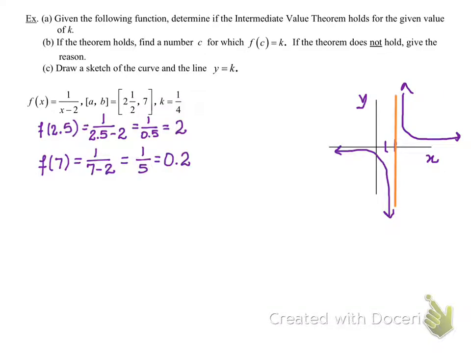Once we've determined that they are two different values, we can say that b is true, or the second condition for the intermediate value theorem is in fact true.